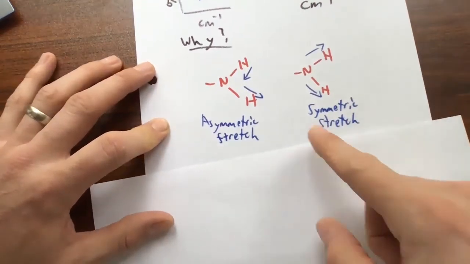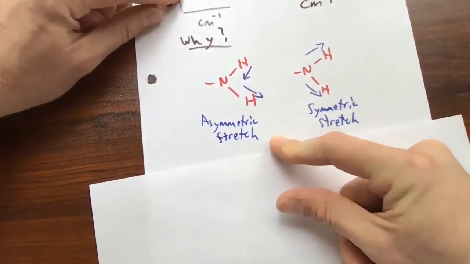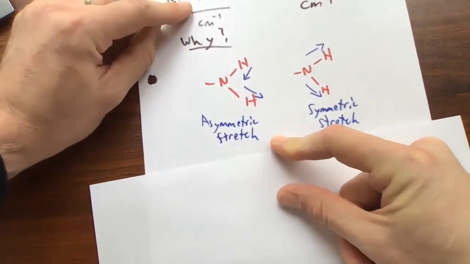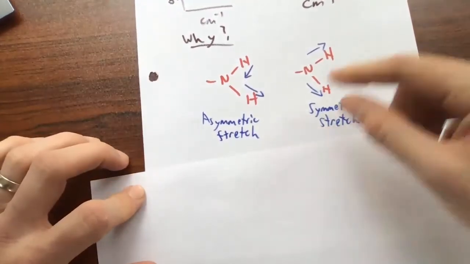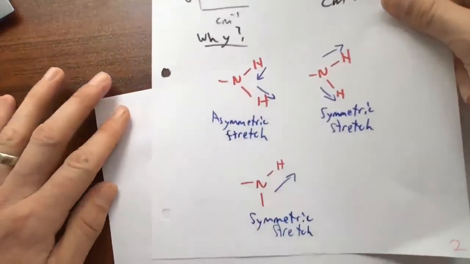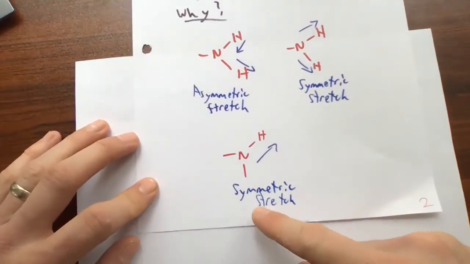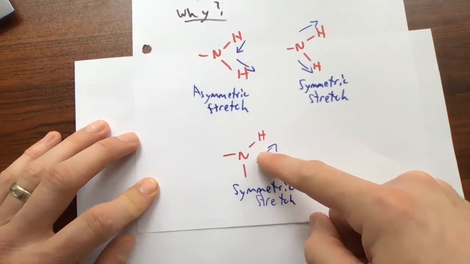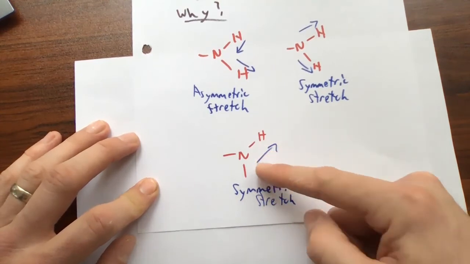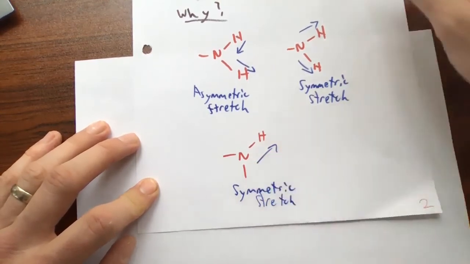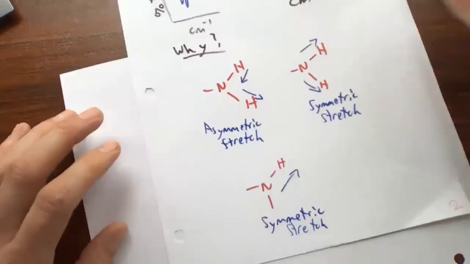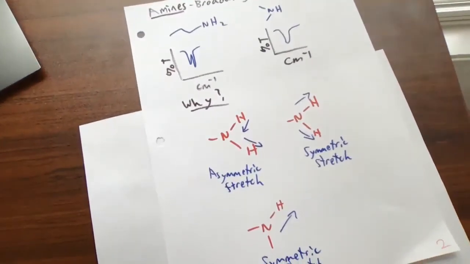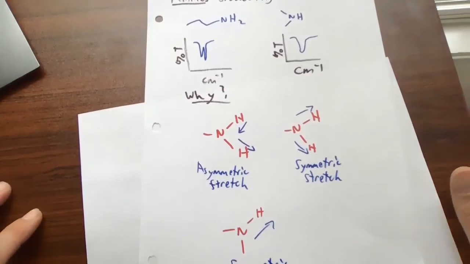Because of these two stretches, you have two signals in the IR spectrum. This is in stark contrast to dimethylamine, where you only really have the symmetric stretch of the hydrogen in regards to the nitrogen. And that's why you have only one signal in dimethylamine instead of the two signals in the NH2 group.